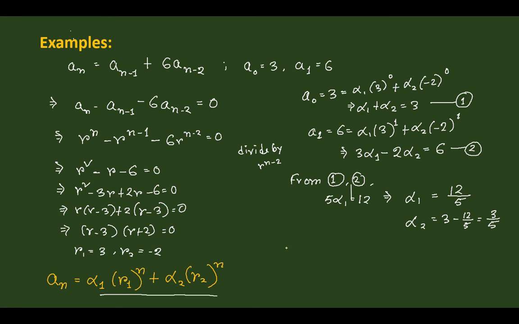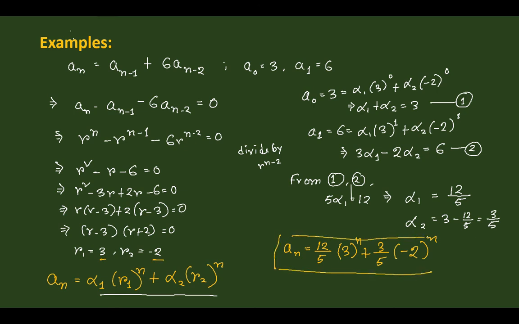So our solution is a_n, or the nth term of the sequence, is 12 by 5 times 3 to the power n, because the value of r1 is 3, plus 3 by 5, value of alpha 2 is 3 by 5, then minus 2 to the power n, because the value of r2 is minus 2. So this is our solution that we have got.